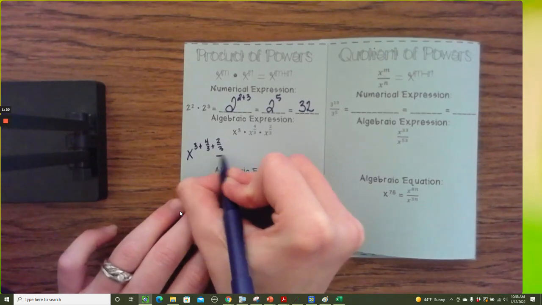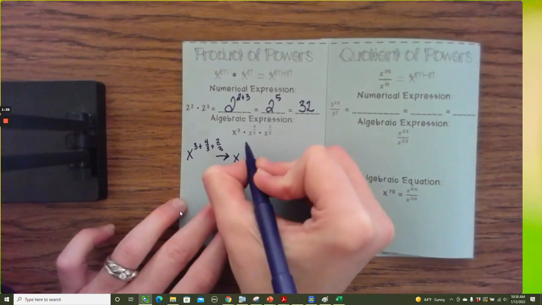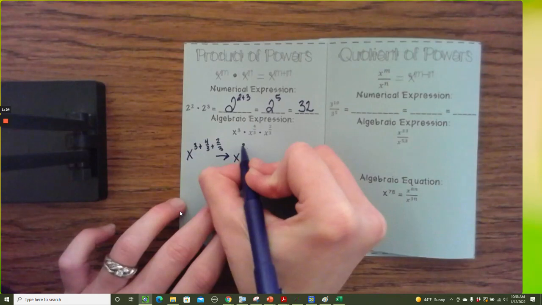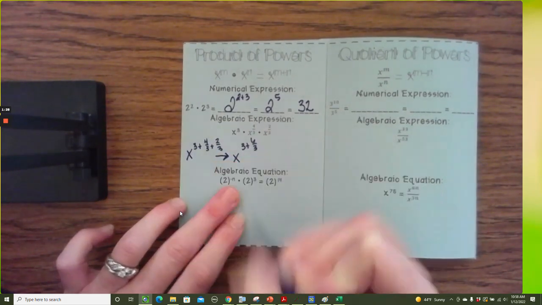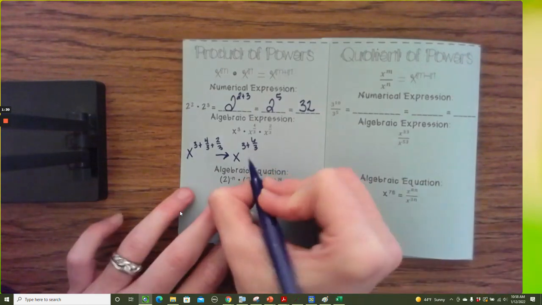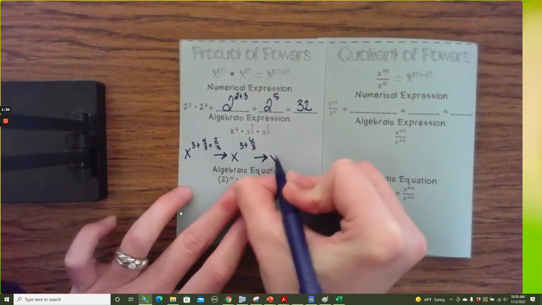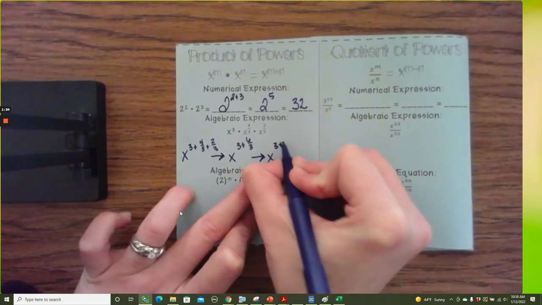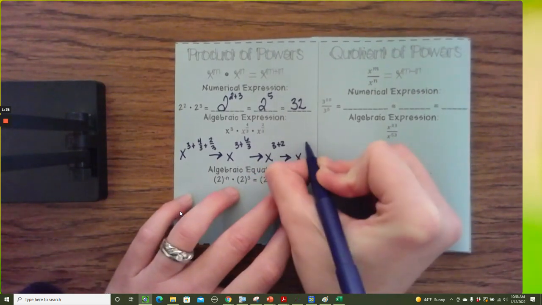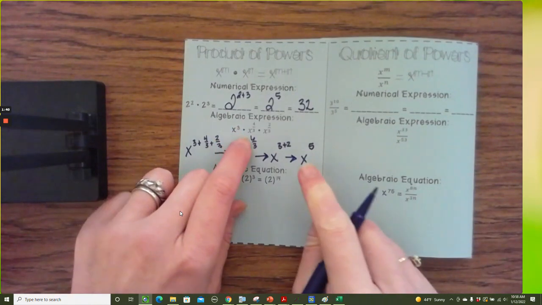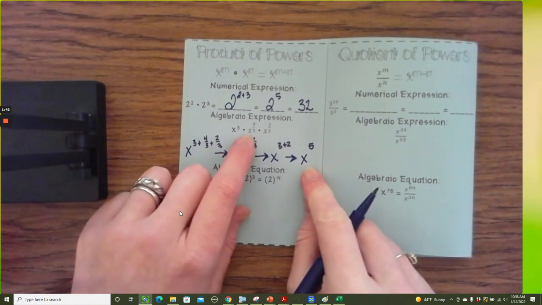That equals x to the, let's see, 3 plus 4 plus 2 is 6. 6 over 3. 6 over 3 is the same as 2. So this is the same as x to the 3 plus 2, which is the same as x to the fifth. So this expression is the same as this expression.